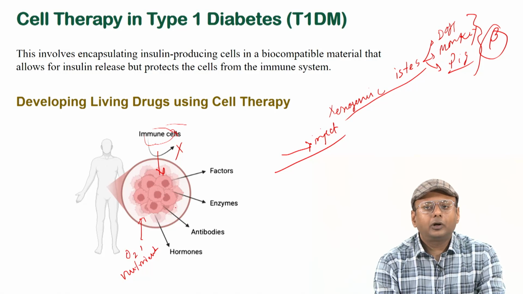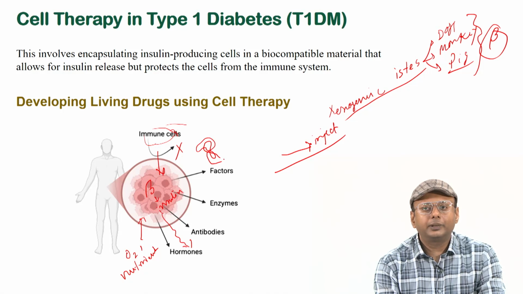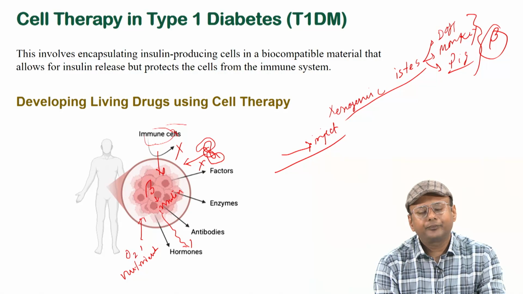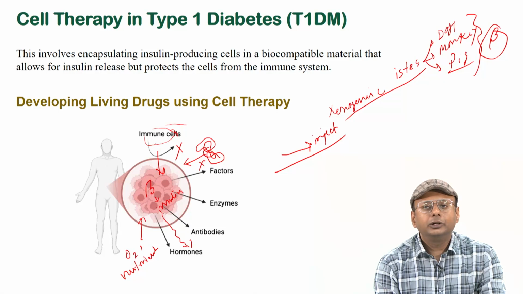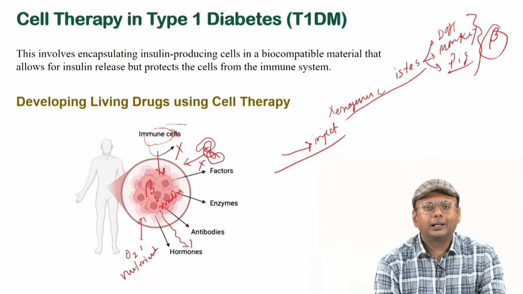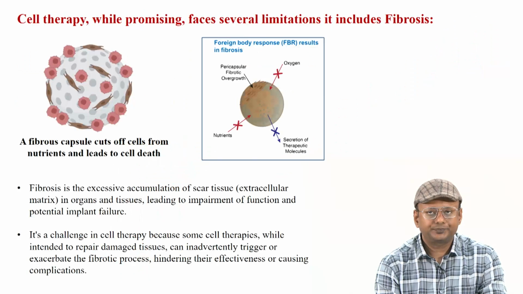And because it has the beta islet cells, they will release insulin, so this insulin can come out. Large proteins and other components will not be able to go inside. So we can create a protective barrier and use human or other species' cells to create a cell based therapeutic that can be a modernized therapy for type 1 diabetes.